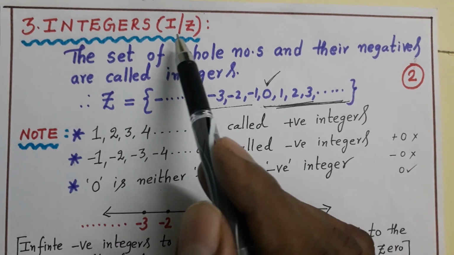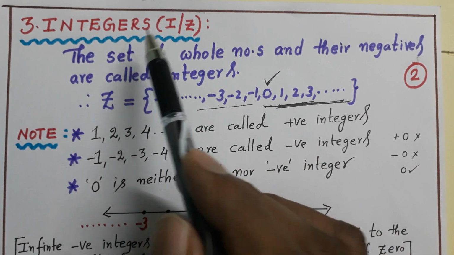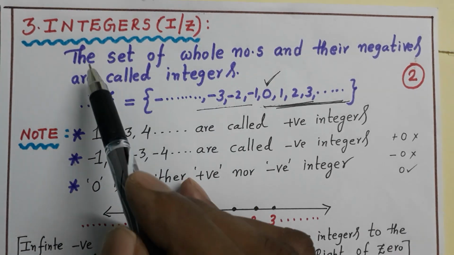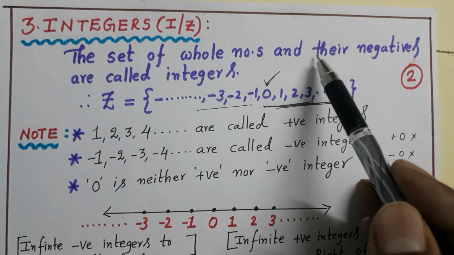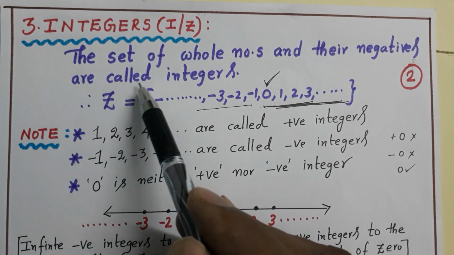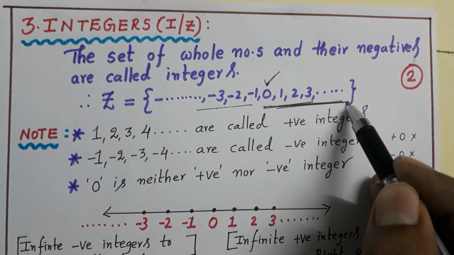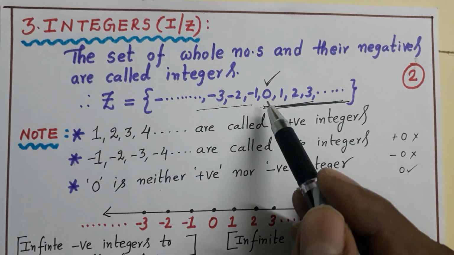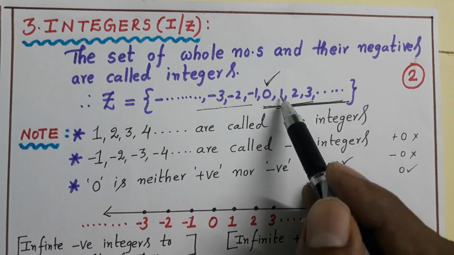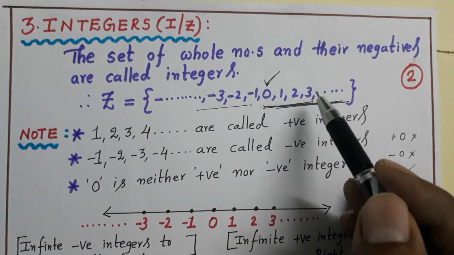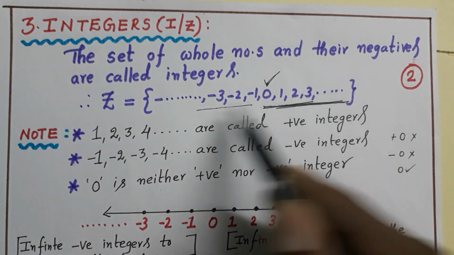Coming to integers, children, the integers set you can denote by I or Z. What do integers mean? The set of whole numbers and their negatives are called integers. Here you see, children, take the whole numbers first and write their negatives. For 0 there is no negative, for 1 negative is minus 1, for 2 negative is minus 2, for 3 negative is minus 3 and so on.